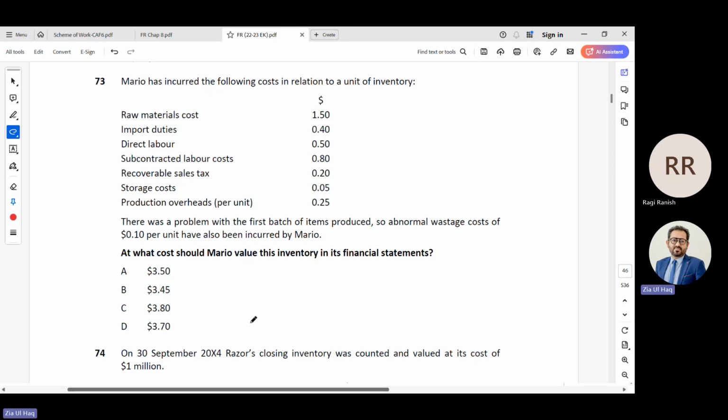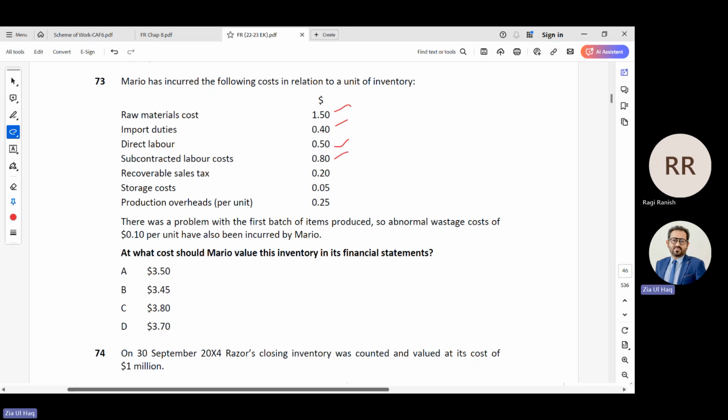Answer B. This should be included. Import duty should be included. Direct labor should be included. Subcontractor labor cost.